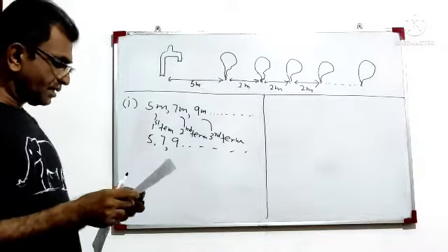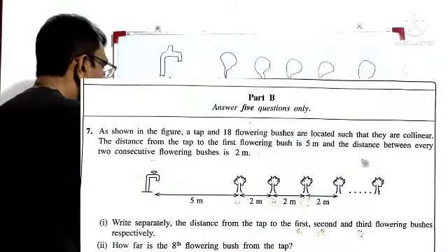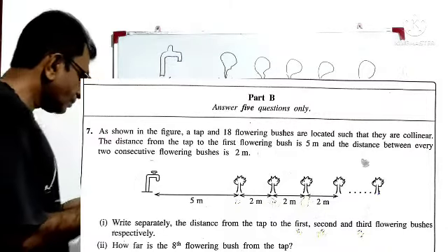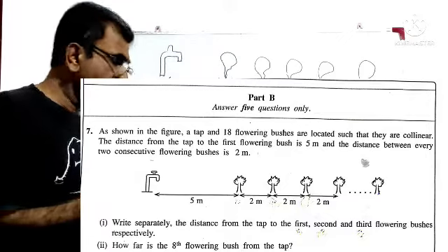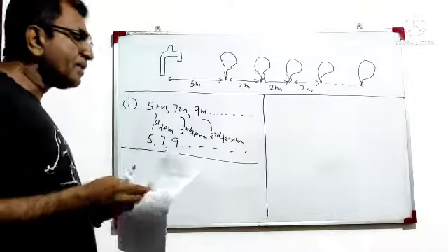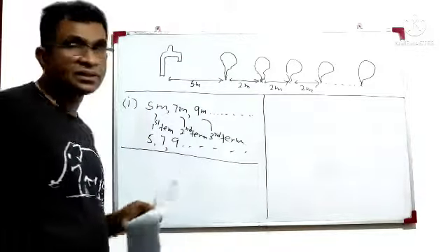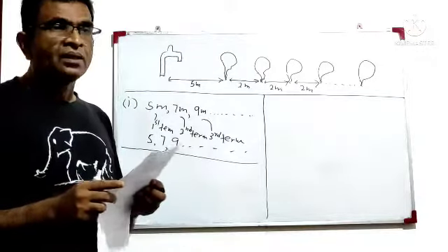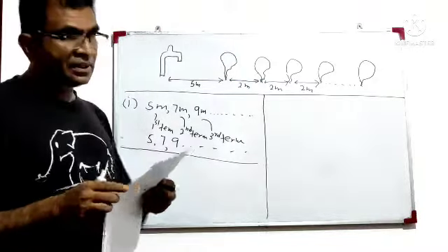Then what is the second question they ask? Now you can see, how far is the 8th flowering bush from the tap? In other words, they ask the 8th term of this progression. We know how to find the 8th term.